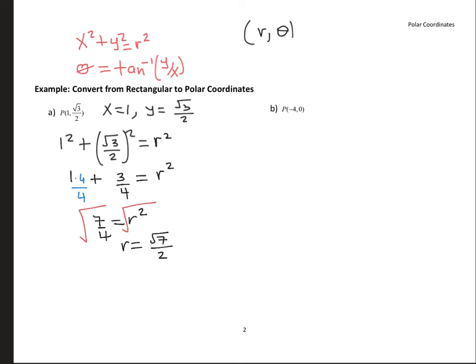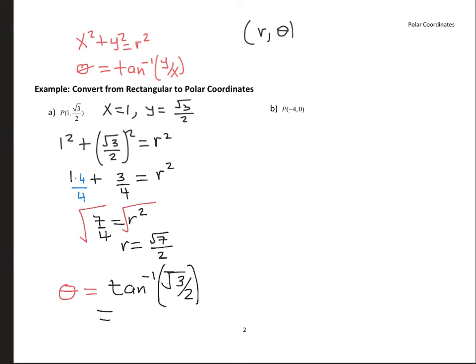Okay, now the next thing I need to do is to get the angle. So to get the angle, I need theta is equal to tan inverse y is square root of 3 over 2, and x is 1. So I put that in the calculator.